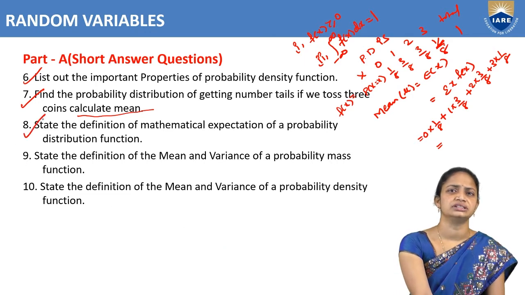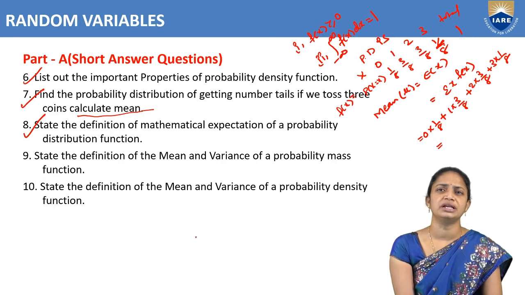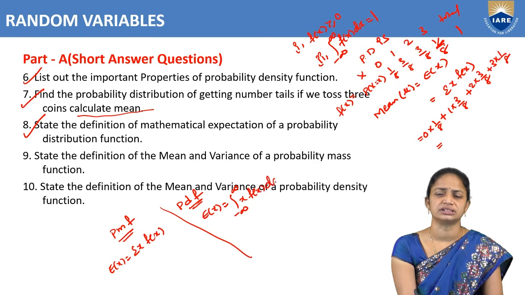Now the next question: state the definition of mathematical expectation of the probability distribution function. Here we have a formula for the probability mass function and for the probability density function. Expectation of x equals summation of x into f of x; in the density function, expectation of x equals the integration over minus infinity to infinity of x into f of x dx.